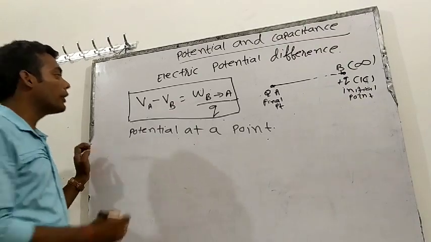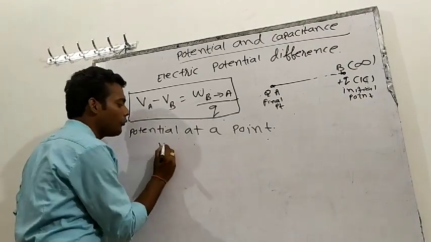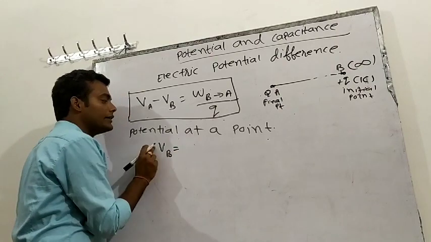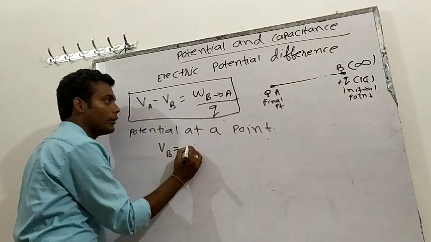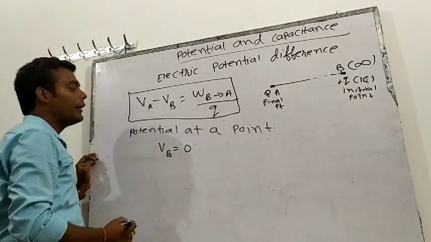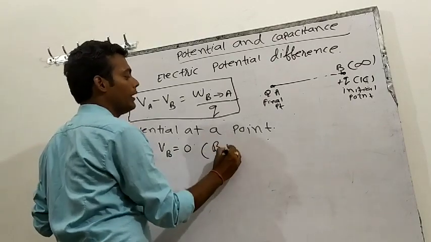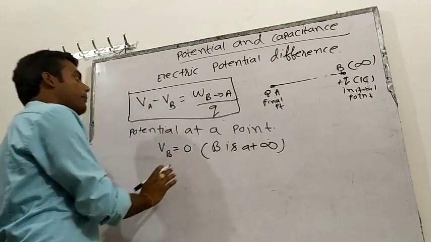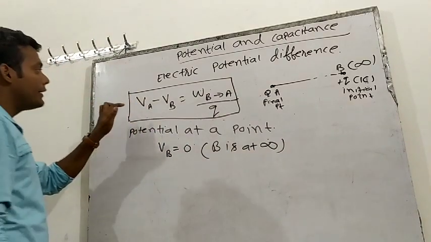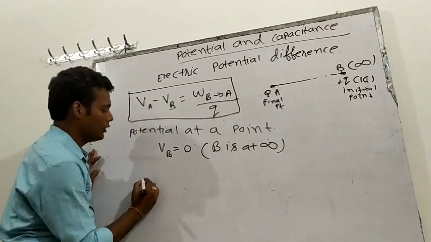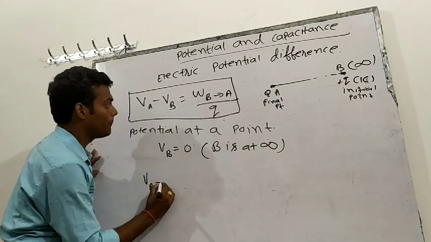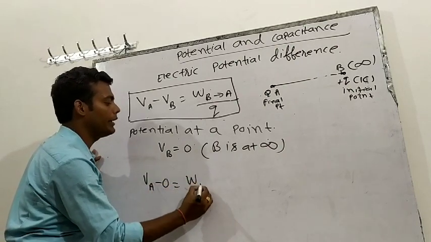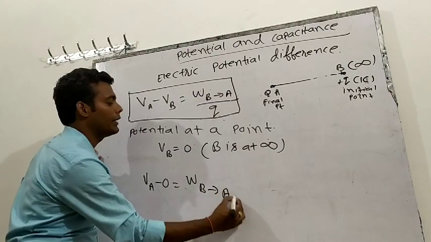So if B is at infinity, what will be VB? Potential at point B will be 0. Why? Because B is at infinity. That's why potential at point B will be 0. Now in this equation, if VB is 0, can we write VA minus 0 is equal to WBA divided by Q, bringing it from B to A?